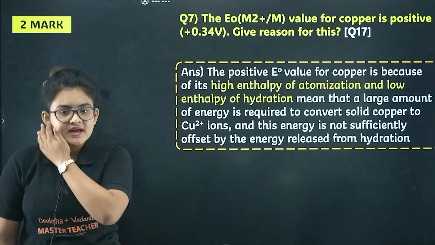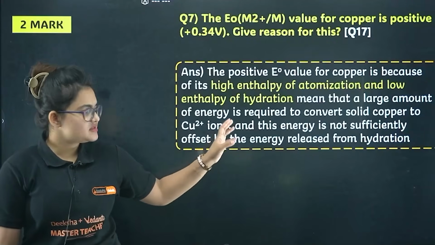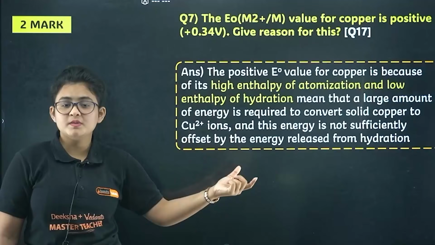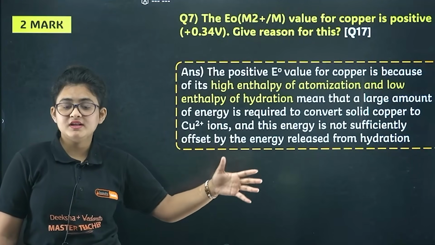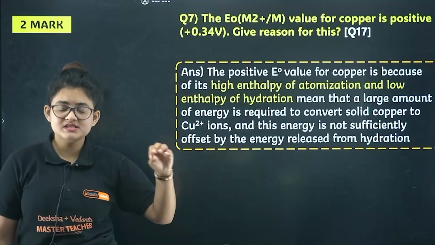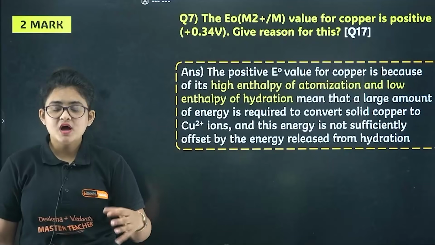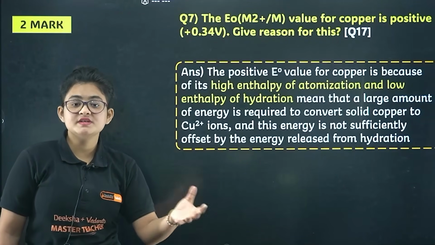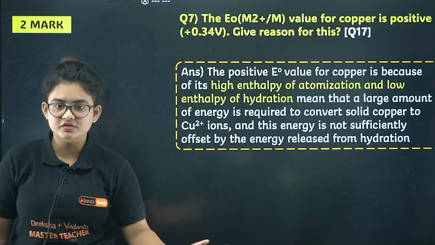I guess you understood this. First of all, the Cu2+ ion needs to be prepared, and after that, Cu2+ needs to be stabilized. How will it be stabilized? By adding the extra hydration enthalpy. So this much energy you need, that's why +0.34.